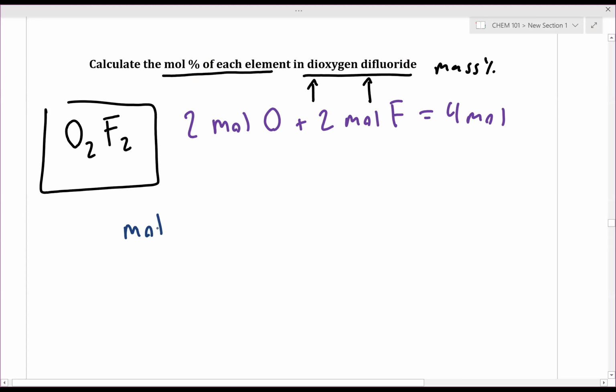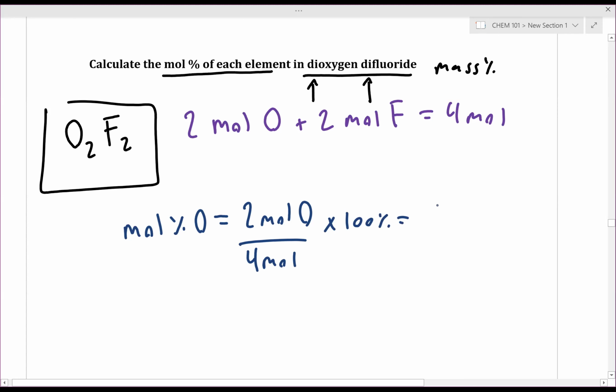So if we want to calculate the mole percentage of oxygen, we have how many moles of oxygen? 2. So we have 2 moles of oxygen, and we have how many total moles? 4. Okay, so 2 over 4 times 100% gives us a mole percent of 50%. Without even doing any calculations, we can also figure out the mole percentage of fluorine.